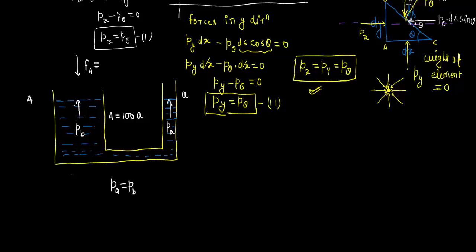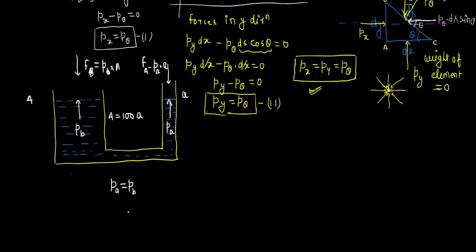So Fa will be pressure intensity into area, and the pressure force over here is Fb. Fa is Pa into a here.